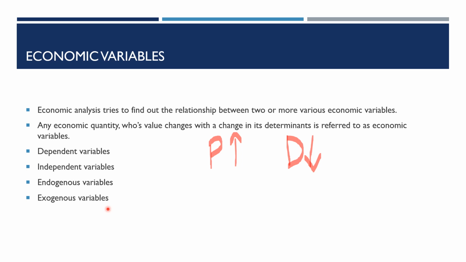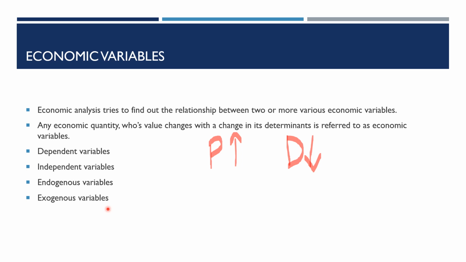Let's take an example. In case of an increase in domestic oil prices due to an increase in international oil prices, the international oil price is the exogenous variable. It is not part of the supply and demand model.